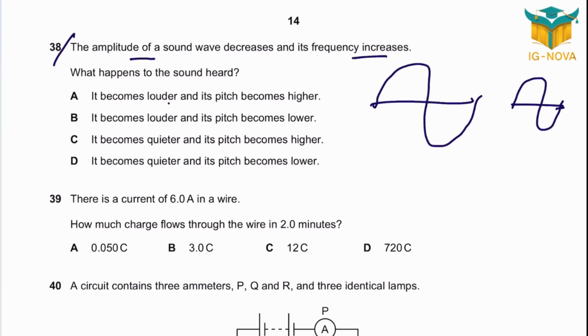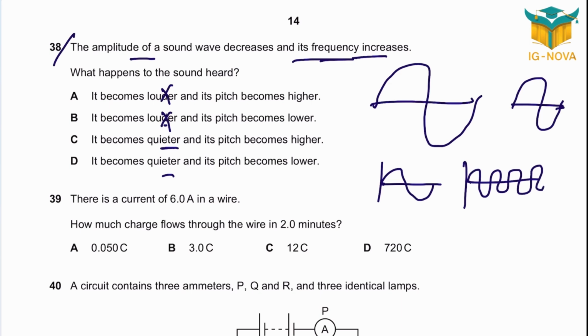So it cannot become louder, it becomes quieter. And when you increase the frequency, the number of waves per each second increases. It's responsible for how high the pitch is. So it will be higher. I'm going to go for C.